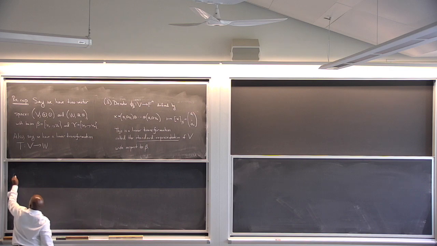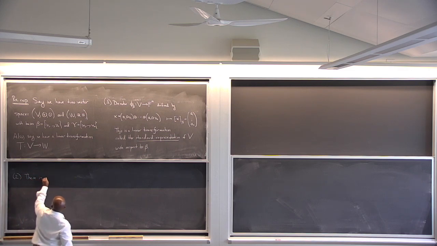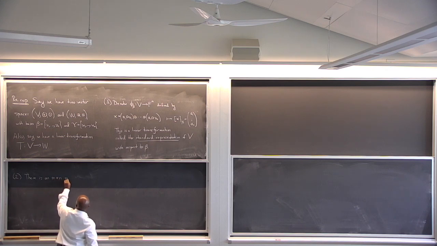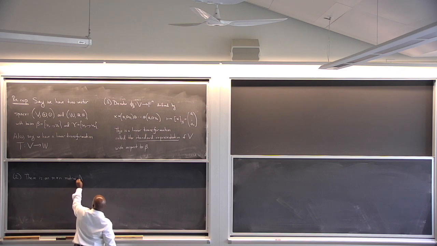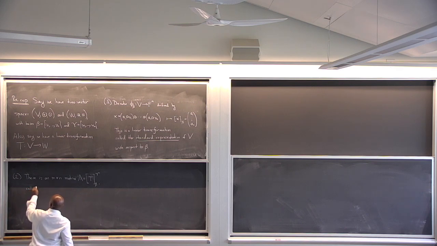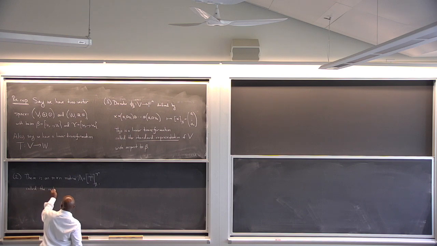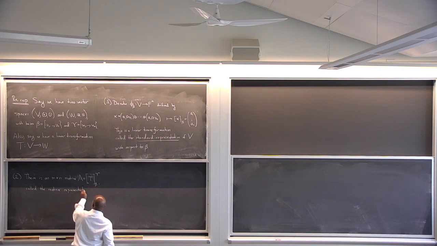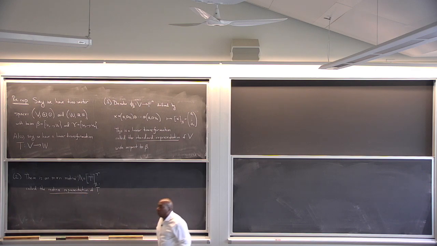Second, once we fix such a linear transformation, then there is an M by N matrix called the matrix representation of T, which satisfies the following.